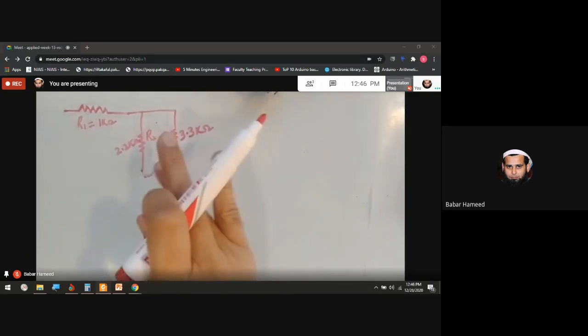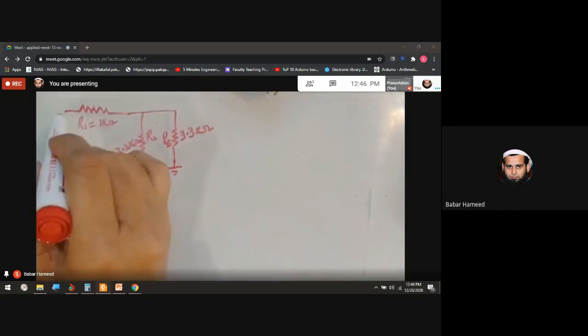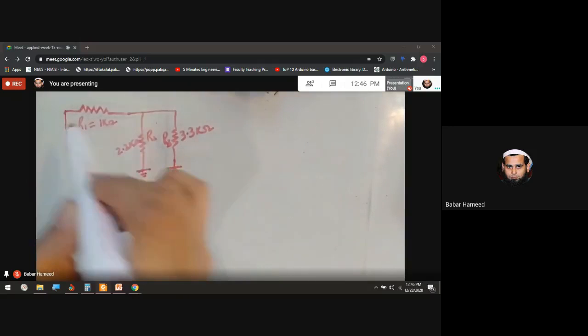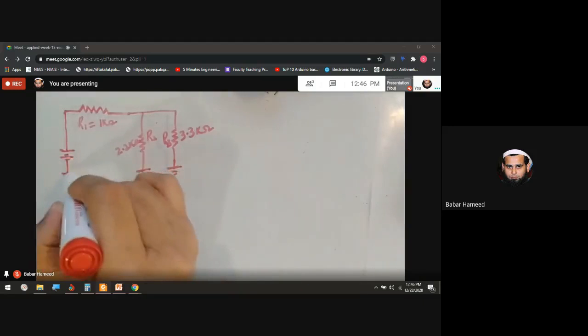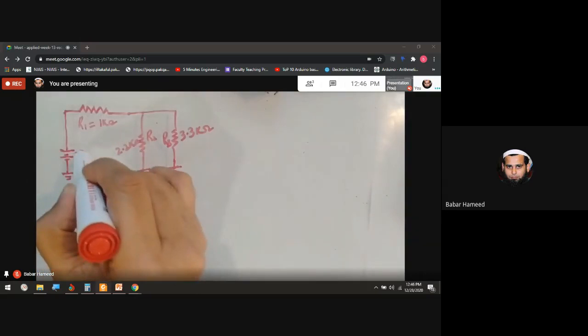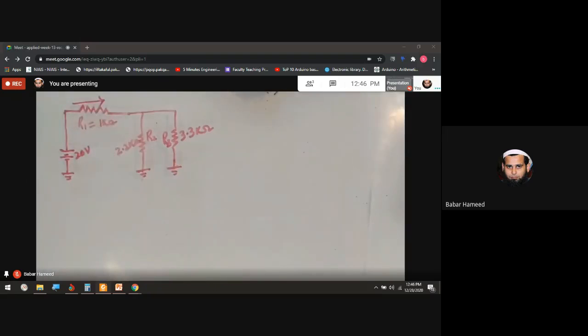I can show it like this one, and voltage applied is 20 volt. The question says find current through R2, and what is R2? R2 is not connected directly with this 20 volt. So what I have to do, I have to find equivalent resistance of the whole circuit.